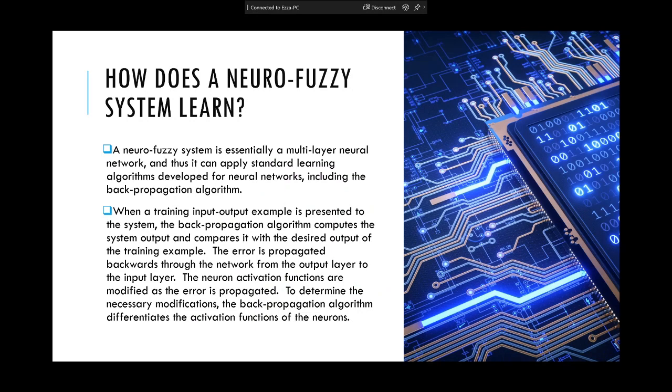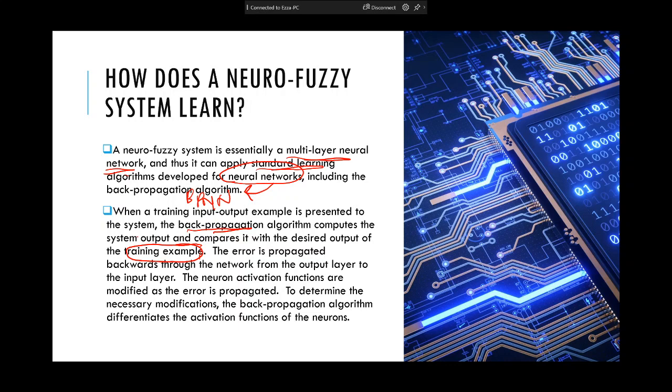So how does a neuro-fuzzy system learn? A fuzzy system is essentially a multi-layer neural network, so it can apply the standard learning algorithms developed for neural networks, including the backpropagation BPNN algorithm. When a training input-output example is presented to the system, the BPNN algorithm computes the system output and compares it with the desired output of the training example.